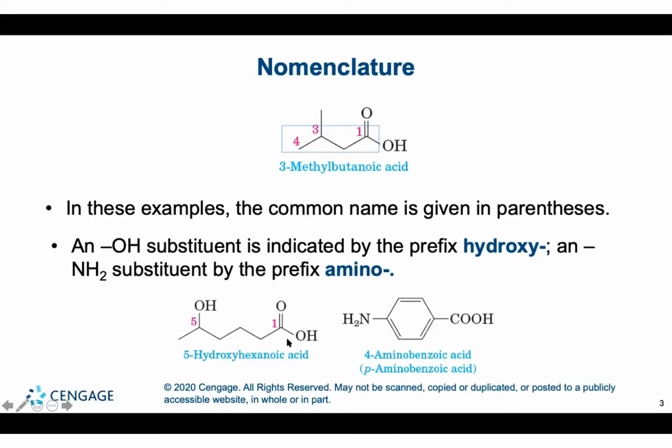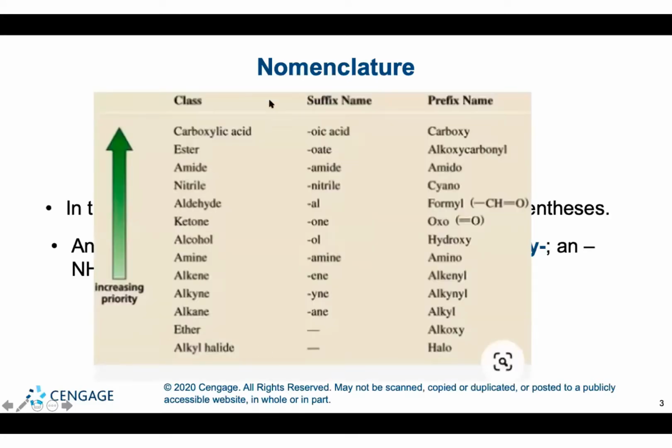What about this one, guys? Here we have 2 functional groups. One is alcohol and one is carboxylic acid. If you remember from the priority table, the carboxylic acid functional group is prior to the alcohol functional group. If you look at the priority table, carboxylic acid is higher priority than alcohol.